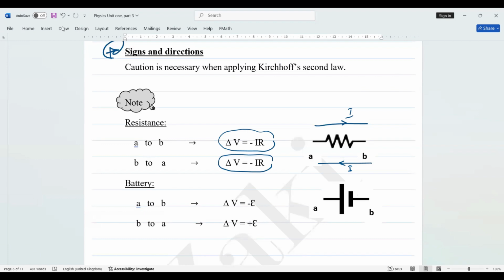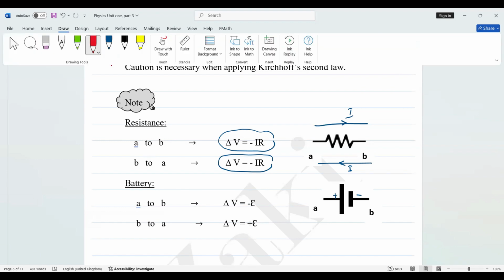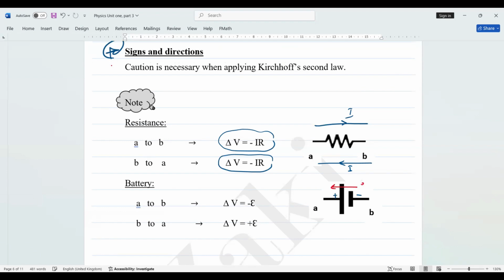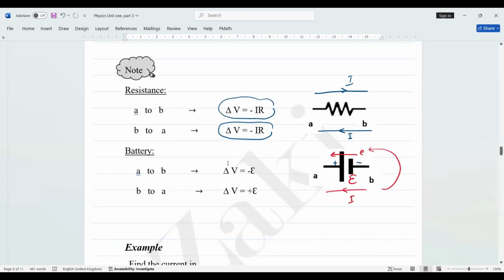Then we have here the direction of electron flow. The electron flows from negative to positive. Now, if the direction of electron flow is the same direction as the current, so it's positive. Then if the current from B to A is the same direction as electron flow, then EMF is positive. But if the direction of the current in the loop is opposite to the direction of electron flow, EMF is negative.